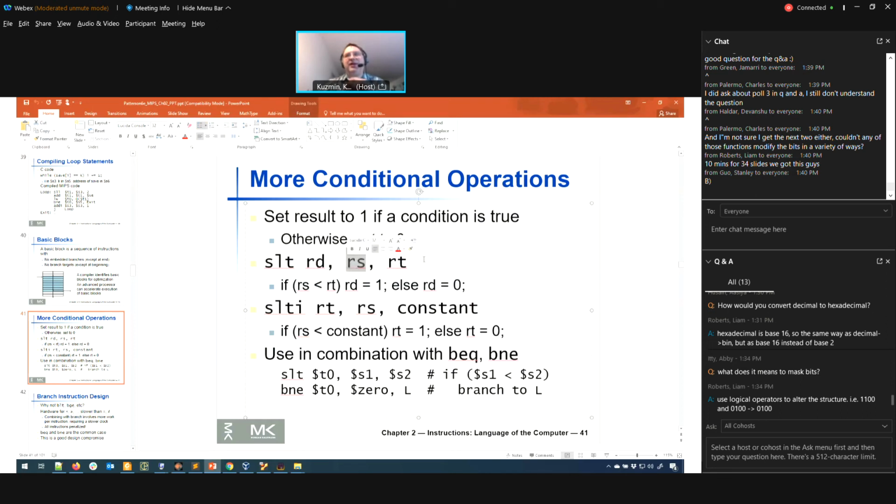RS is less than RT. So this instruction compares RS and RT, which are the second and third arguments. And if the second is less than the third, then it sets the first argument register to 1. So this is exactly the pseudocode for what this instruction does.